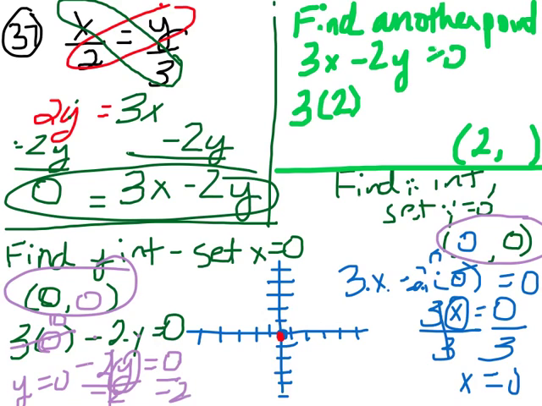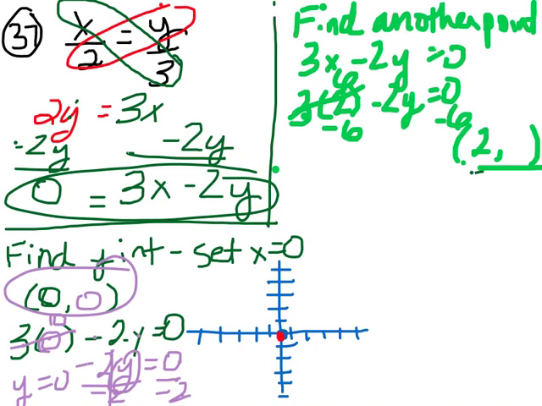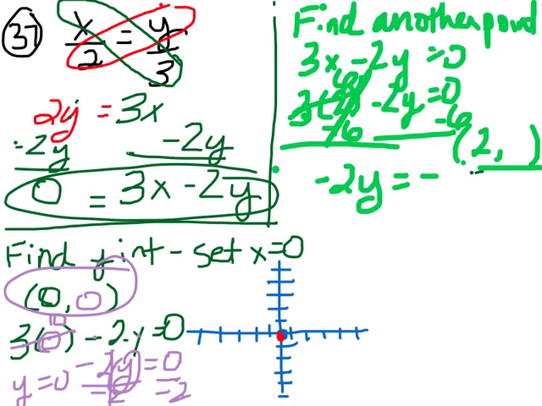Okay, so that would be 3 times 2 is 6. 6 minus 2y is 0. I'm going to subtract 6 from both sides. So that, with that canceling out, I get negative 2y, and 0 minus 6 is negative 6.